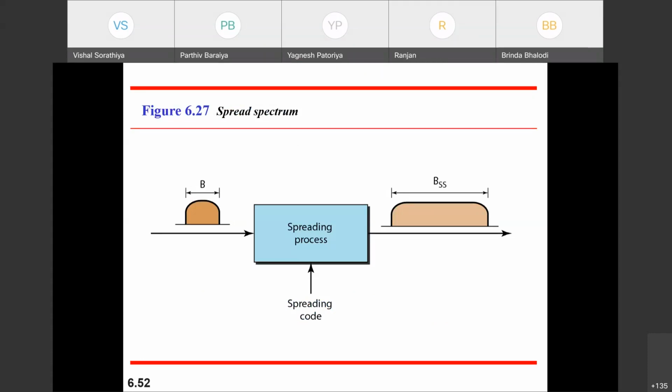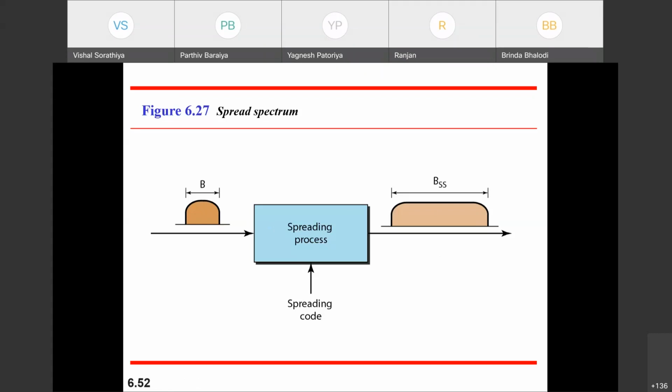Over here from this diagram, you can see that your input requires a small band, let's say B. You pass it through the spreading process and your actual band is going to increase to something else, twice or more than that. Okay, why do we need that?